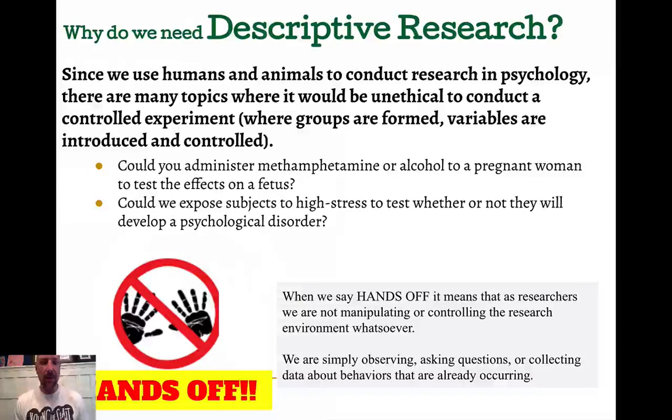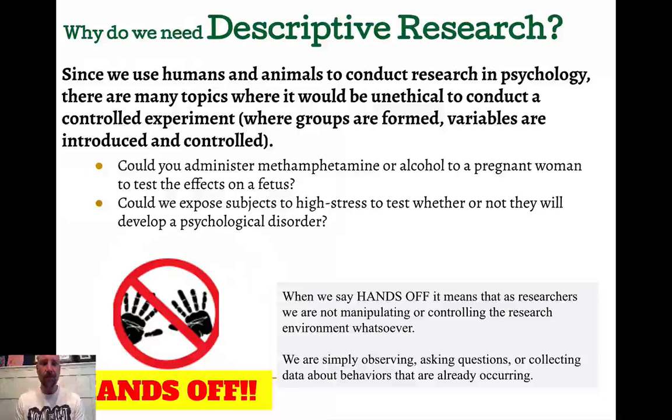Same thing: I can't stress people out in the name of science to see if I can get them to develop a psychological disorder. That's wildly unethical. But I could find people that have clinical disorders and see what kind of stress levels they were under as those disorders developed, and then try to draw a correlation between those things.